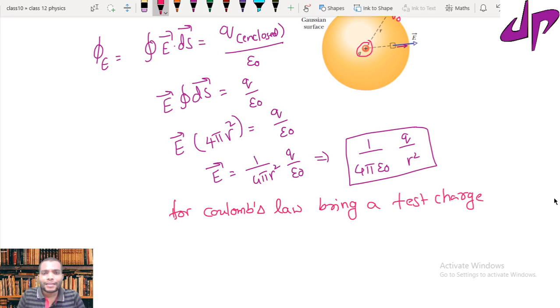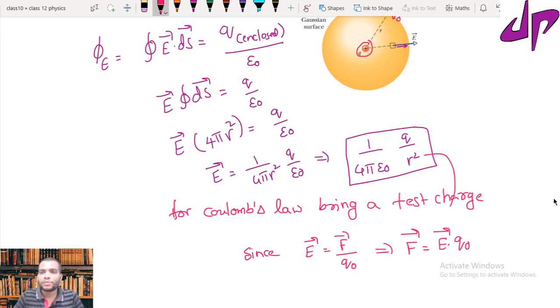So the electric field E bar equals force per test charge, F by q naught. This is the relation between electric field, Coulomb force and test charge, which you can also write as the force F bar equals E bar times q naught.